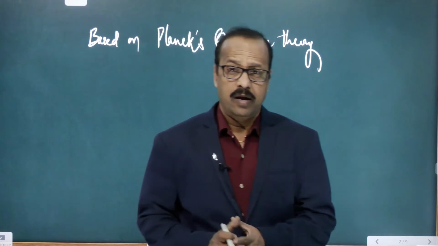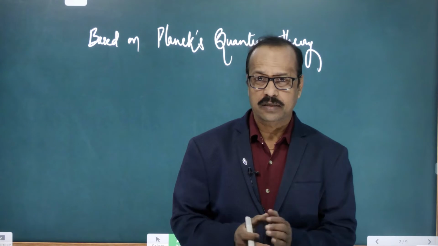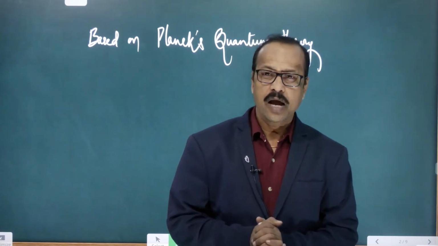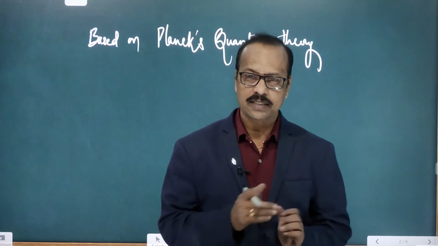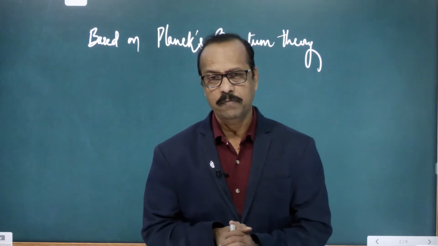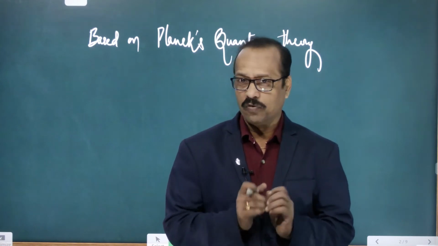Okay. Now, what are its postulates? Means what are its important points? In the Rutherford model, just 1 minute, we revise the Rutherford model. Rutherford model came from the gold foil experiment.